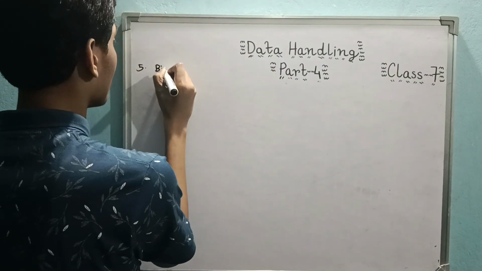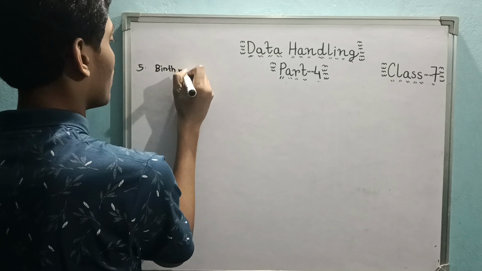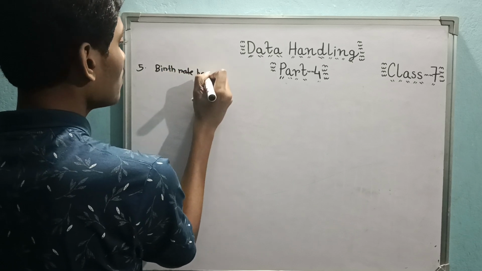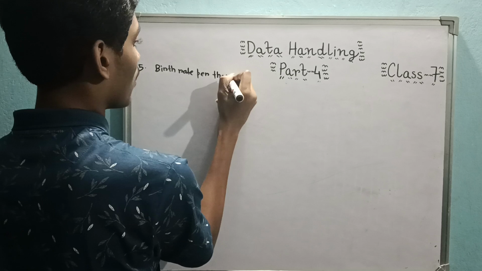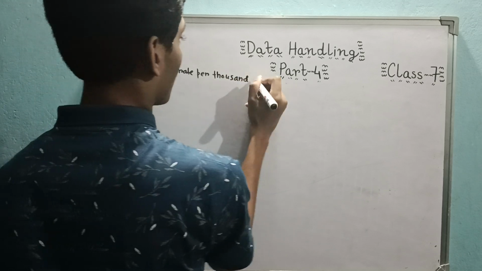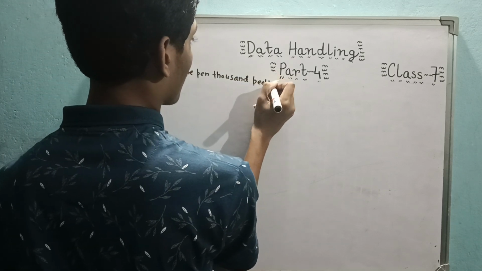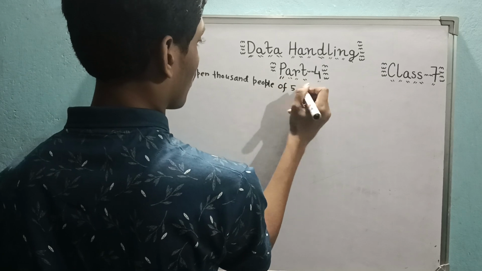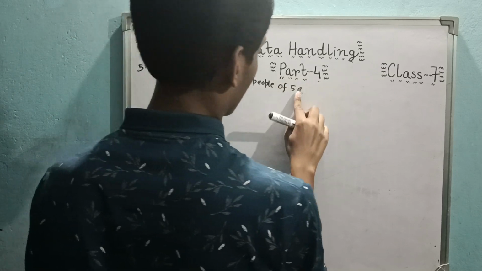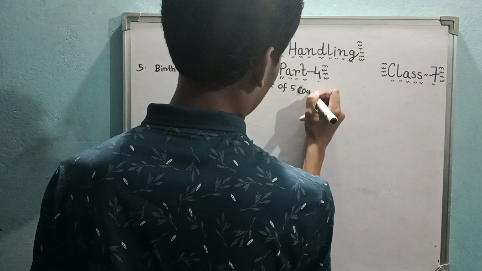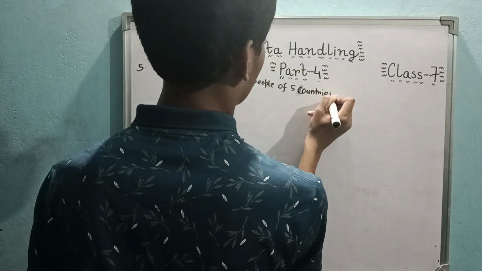Birth rate per thousand people of 5 countries given below.